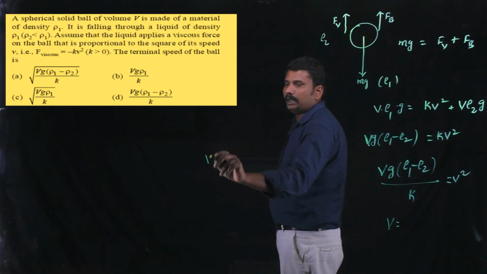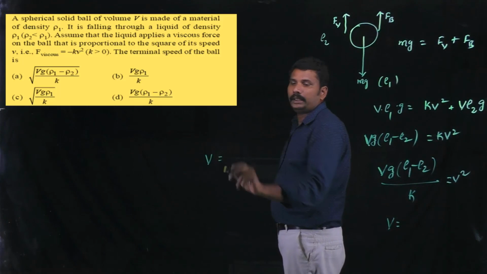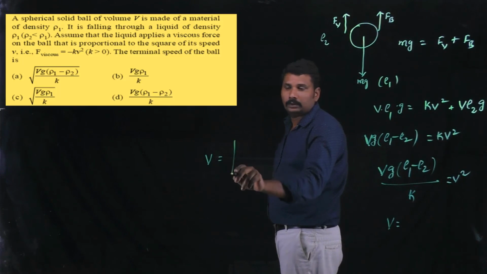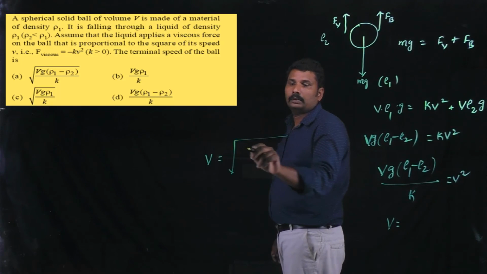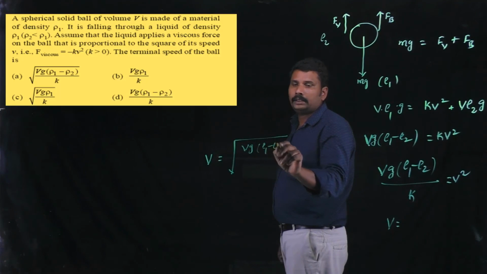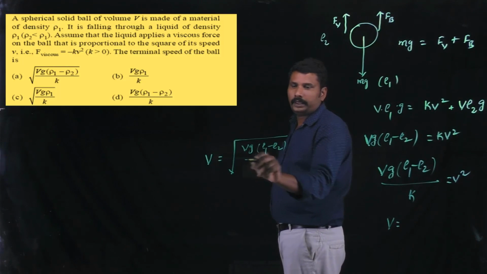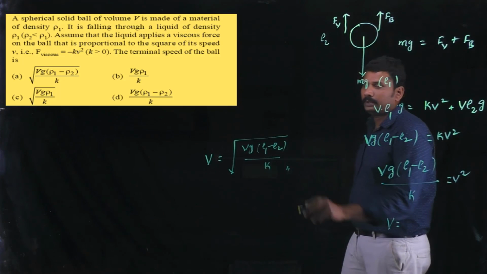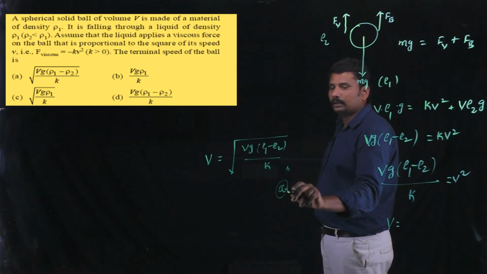From this, the terminal velocity v is written as the square root of Vg into (ρ1 − ρ2) by k. So option A is the correct answer.